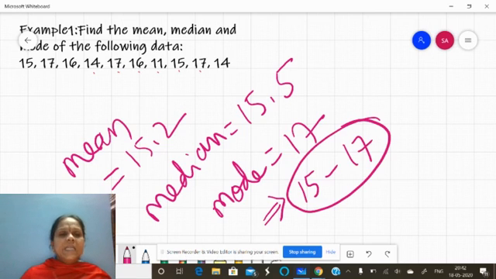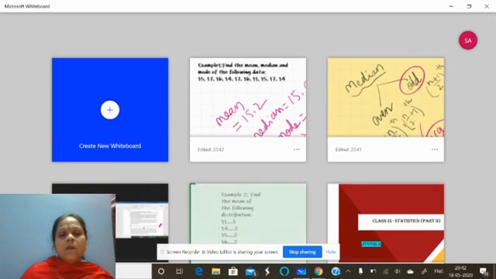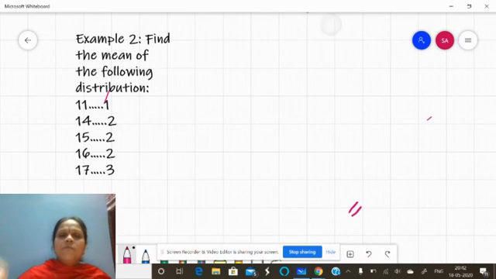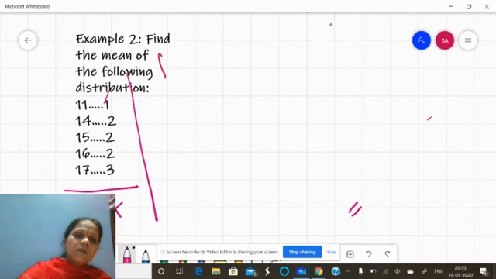Now let us take another example where we will find out the mean for the frequency distribution table. Now I have taken the same data but arranged it in the form of a frequency distribution table. And I know what is the frequency here. And in the next column I have to find out f into x.